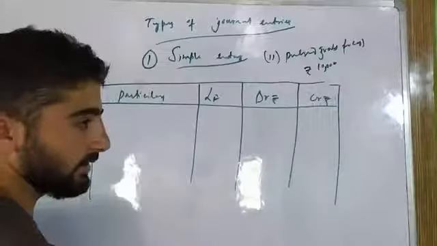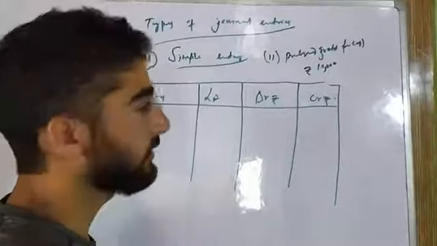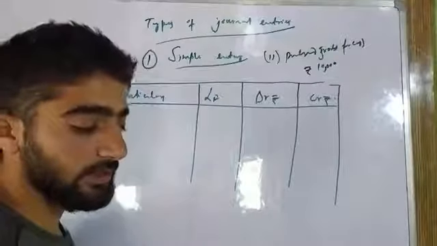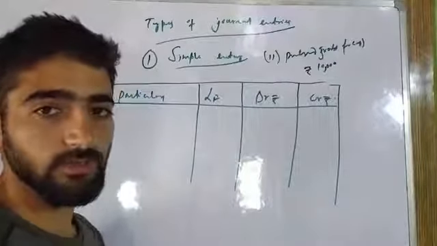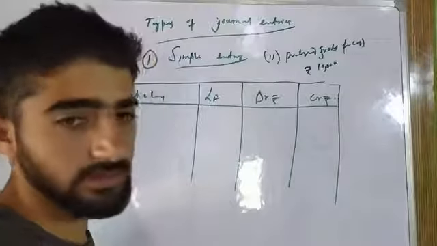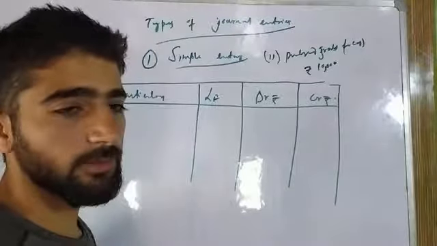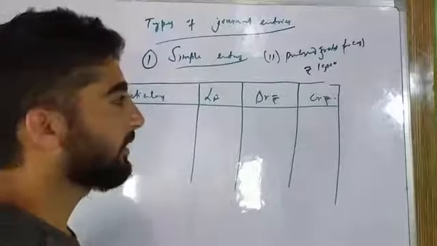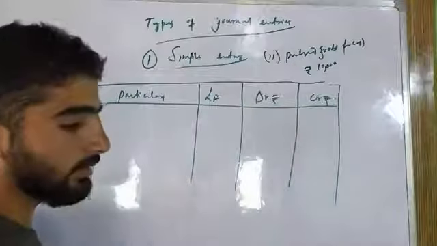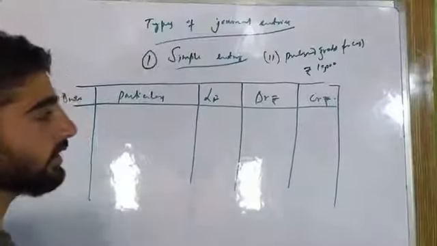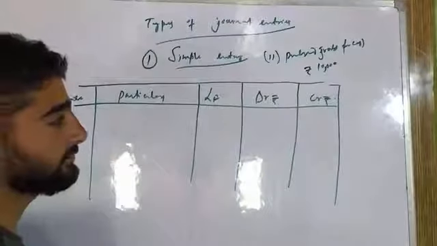If you analyze this transaction, you already know how to analyze transactions. We follow a procedure of 5 steps, and we find out that only two accounts are affected.